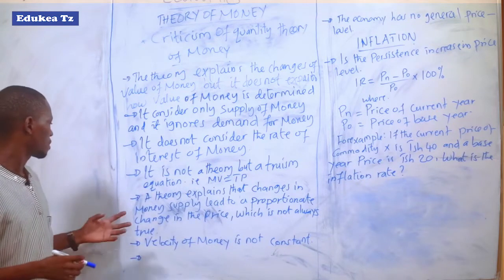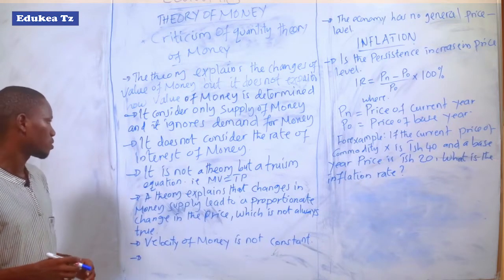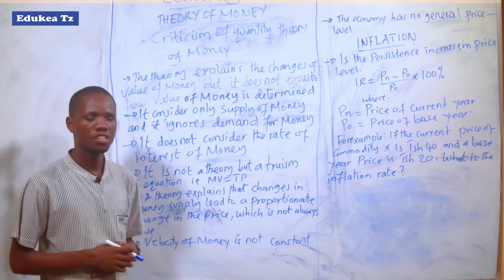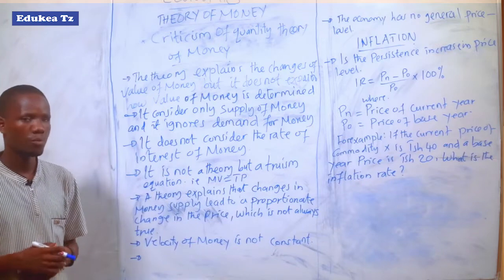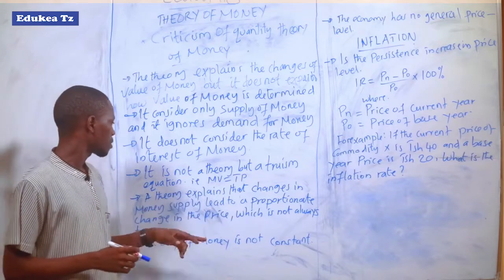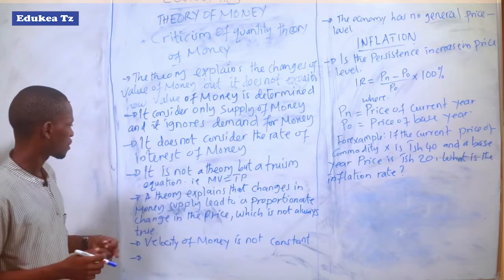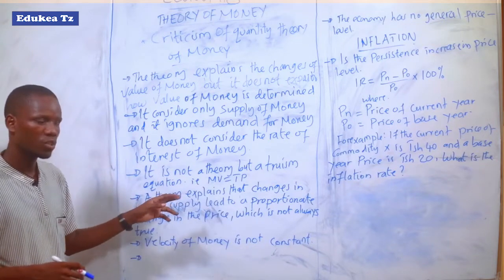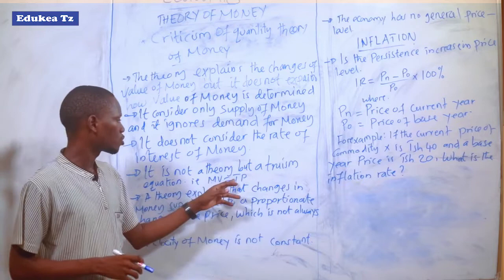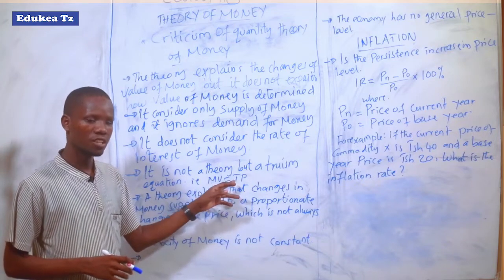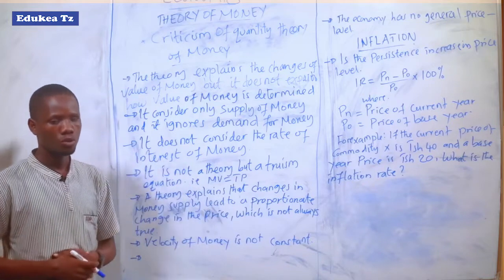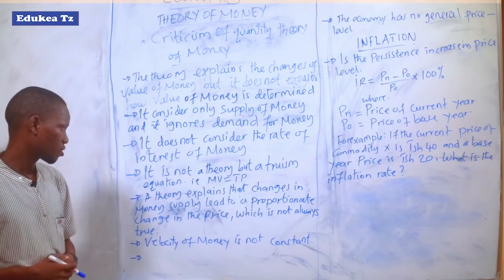Also another point is that it is not a theory but a truism equation. As we have seen, Mr. Fisher proposed that quantity of money in circulation times the velocity of money in circulation equals total transactions in the economy times the price level of goods and services in the economy.